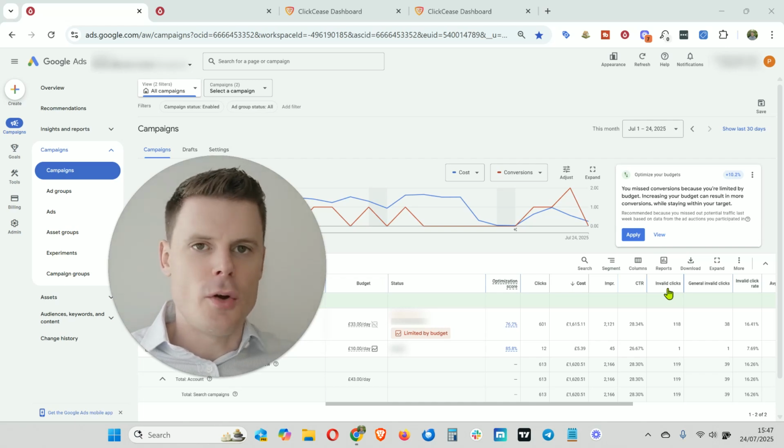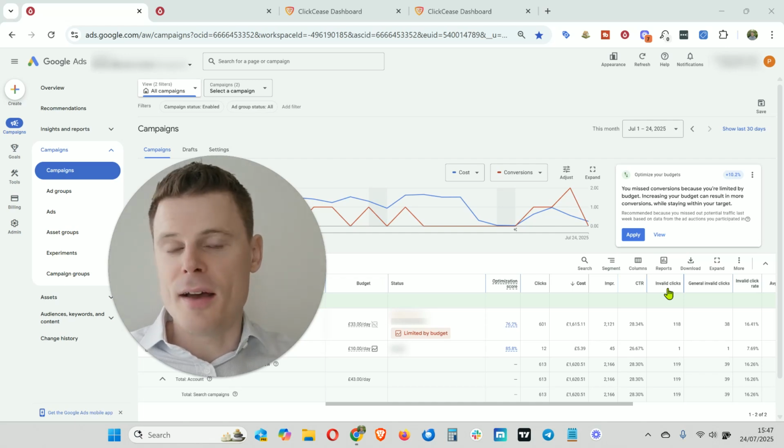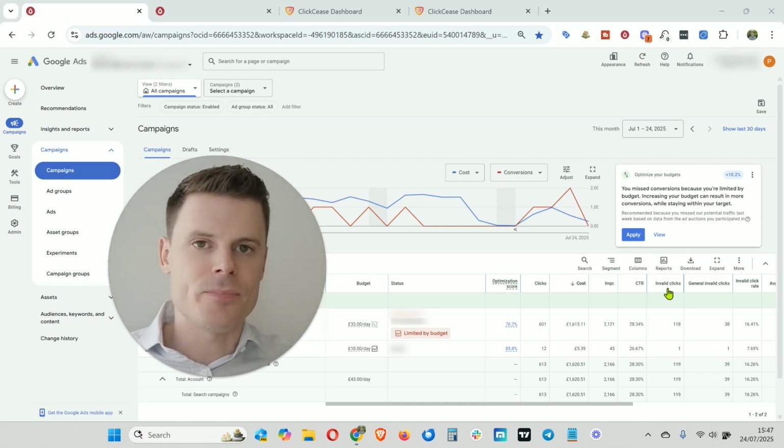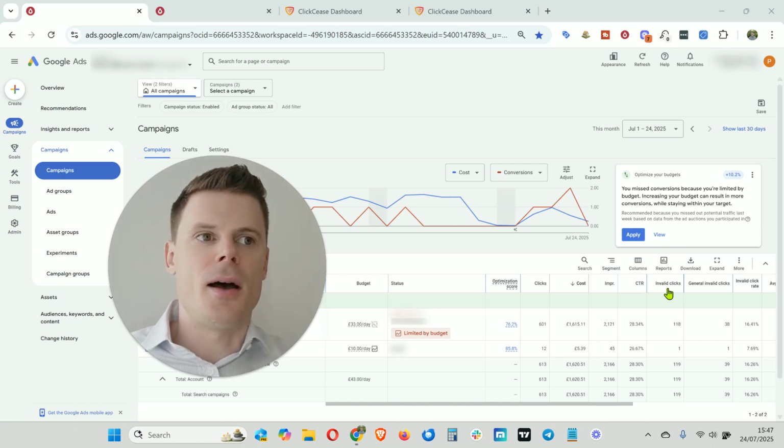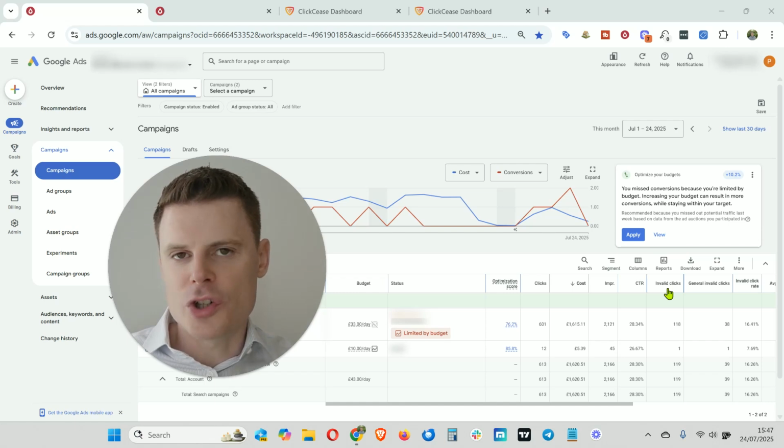Now, it's important to note that although Google does put in effort to help identify many of these clicks, a lot of these methods will unfortunately slip by Google's safeguards.